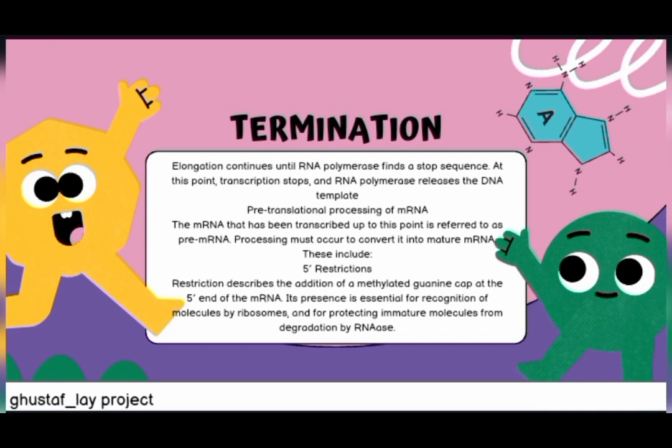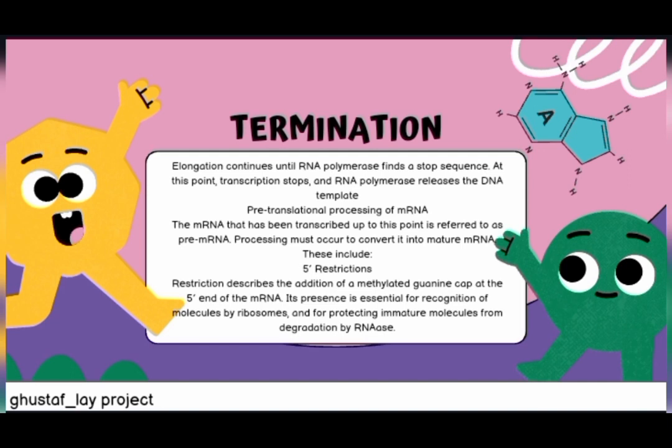Termination. Elongation continues until RNA polymerase reaches a stop sequence. At this point, transcription stops and RNA polymerase releases the DNA template. Post-transcriptional processing of mRNA. The mRNA that has been transcribed up to this point is referred to as pre-mRNA. Processing must occur to convert it into mature mRNA.